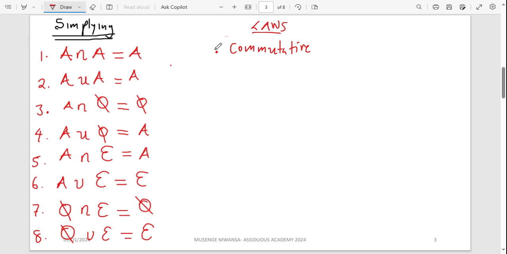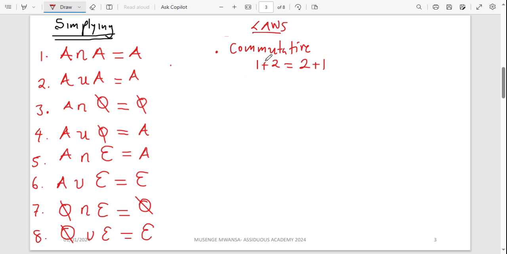Now, commutative just means if you turn something around, the answer will be the same as the way it was. So let's say, for example, 1 plus 2 and 2 plus 1. Are they the same or are they different? It is the same.